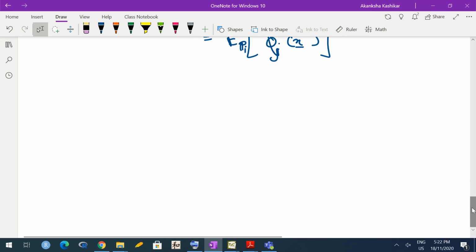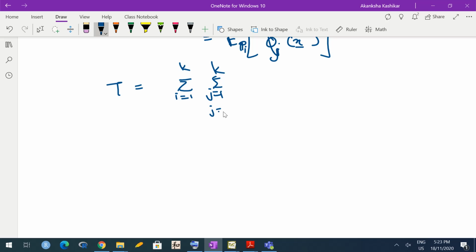Okay. Now let us try to simplify T using this form. So my T is actually the sum over i going from 1 to k, sum over j going from 1 to k, j not equal to i, and let me substitute. So it is E_Pi phi j(X), R. Correct?